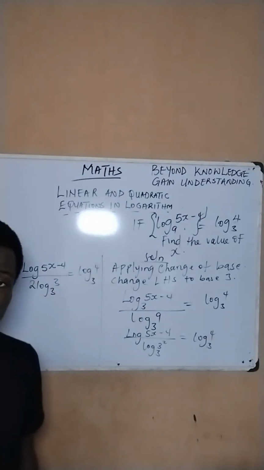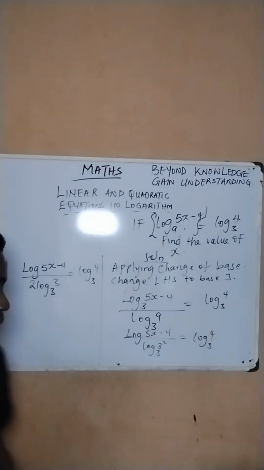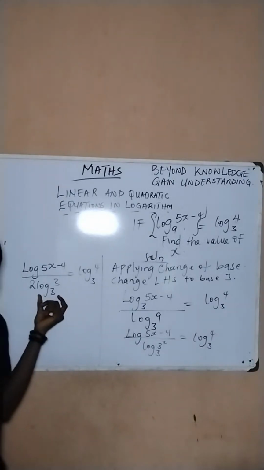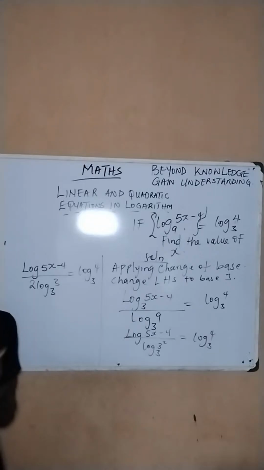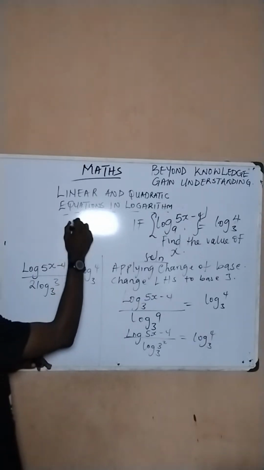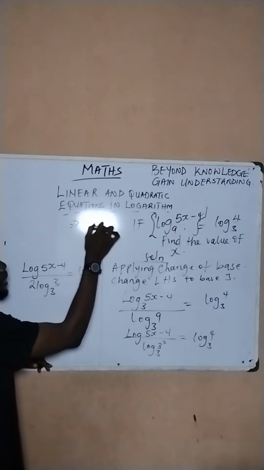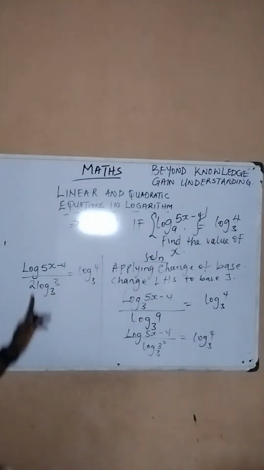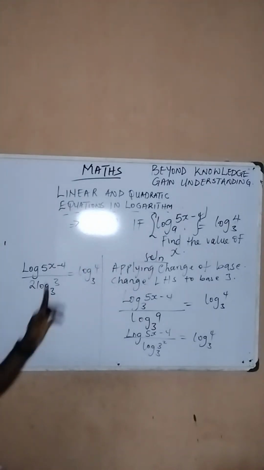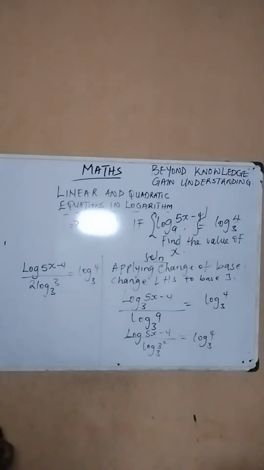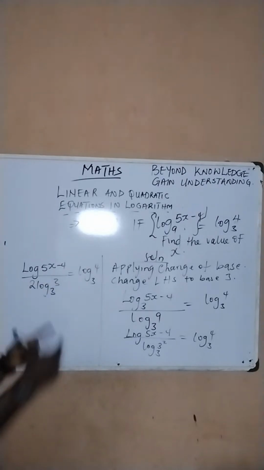Then you apply another rule or law in logarithm that states that if I have a logarithm that has the same value as its base, it equals 1. That implies that log a base a is equal to 1. This looks exactly like this law, so I'll switch this to become 1. So that 2 multiplied by that 1 is going to give me 2.